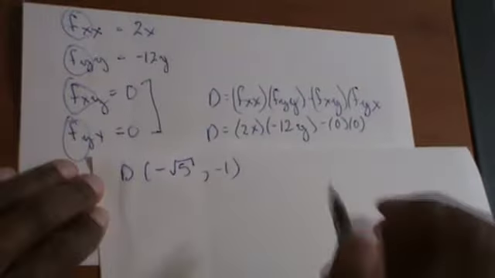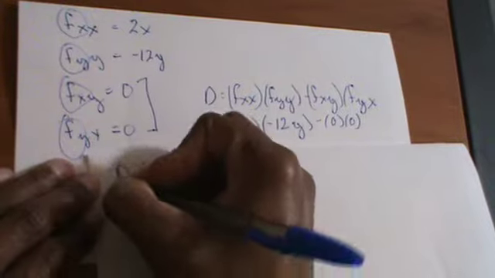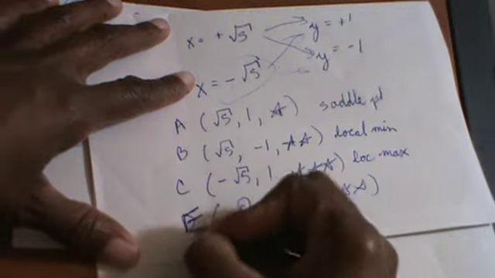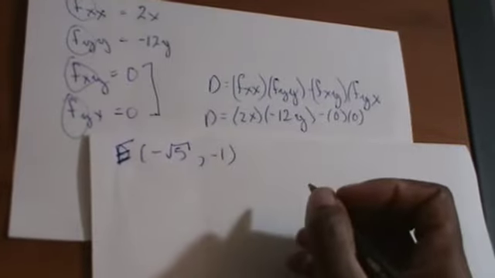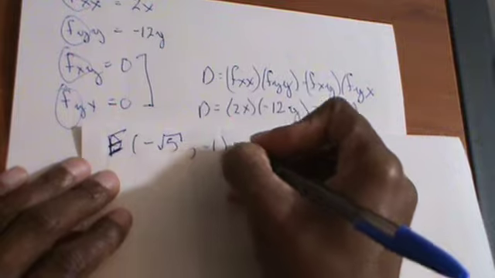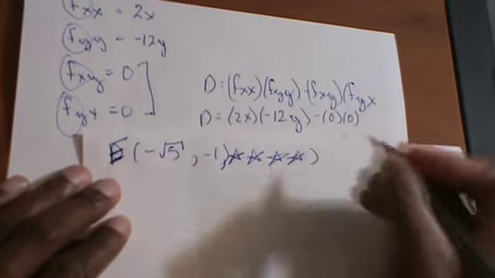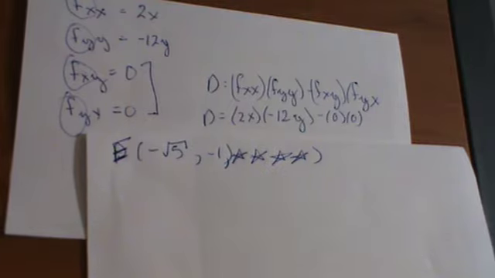So we're going to plug that into this. Let me just call it E, so you don't get confused. So at the point E, of course, you have 1, 2, 3, 4.